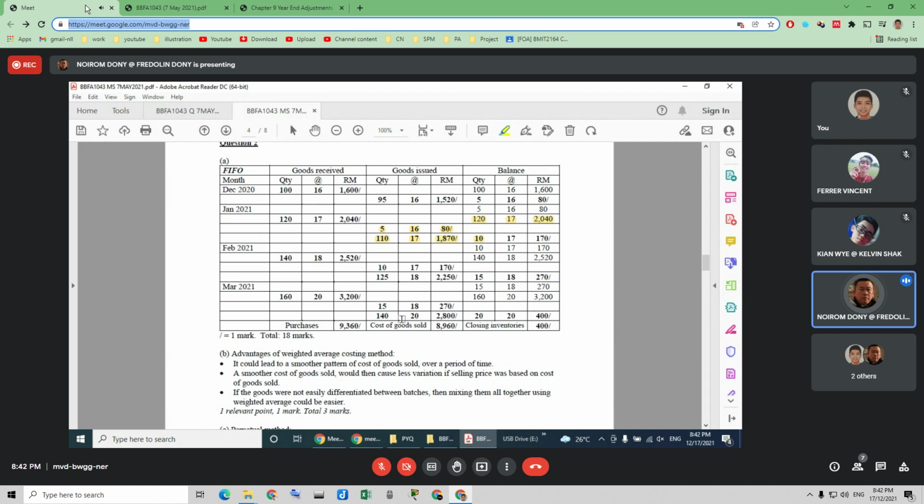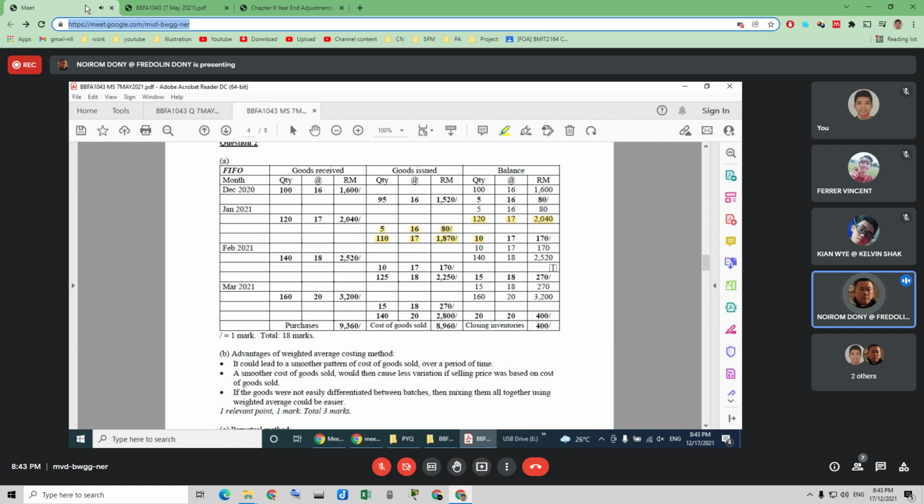So 140 times 20, so 2,800. Then update your balance. 160, you minus 140, so remaining will be 20 bushels. And the cost price will be the same, 20 ringgit. And the value, you just times, so 400. So this is representing your closing inventory, 400.